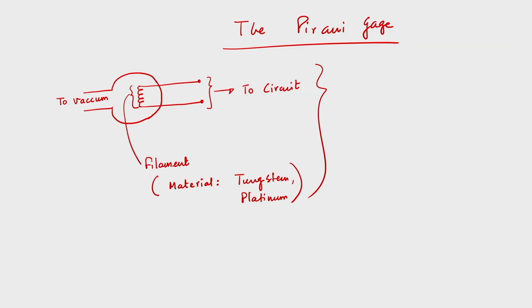There is one filament inside the chamber, and the two ends of the filament are connected to a circuit. The filament material is tungsten, or many a time we use platinum as the filament material. So this is a typical depiction of a Pirani gauge.